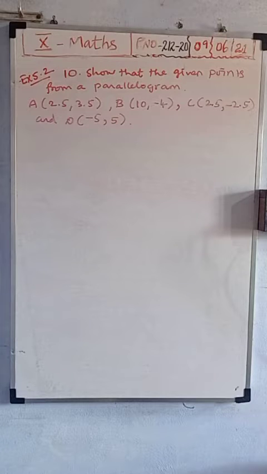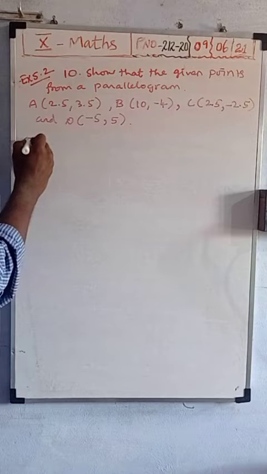Next, 10th one: show that the given points form a parallelogram. In a parallelogram, 4 points are there, A, B, C, D it is given. In these 4 points, whether they form a parallelogram. The question itself asks to show that only. So we want to show the given points form a parallelogram. See solution.